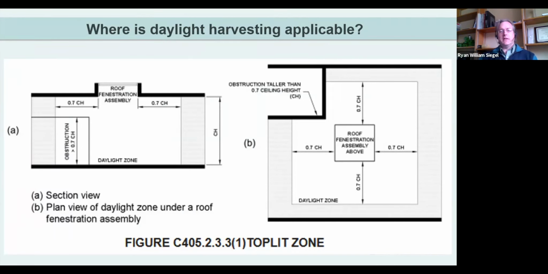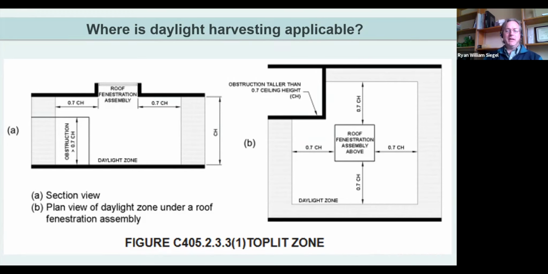Again, IECC does cover top-lit zones. Jane touched on earlier, Ashrae does have multi-story atriums; IECC doesn't have that at this point in time. That's coming in the 2021 version.